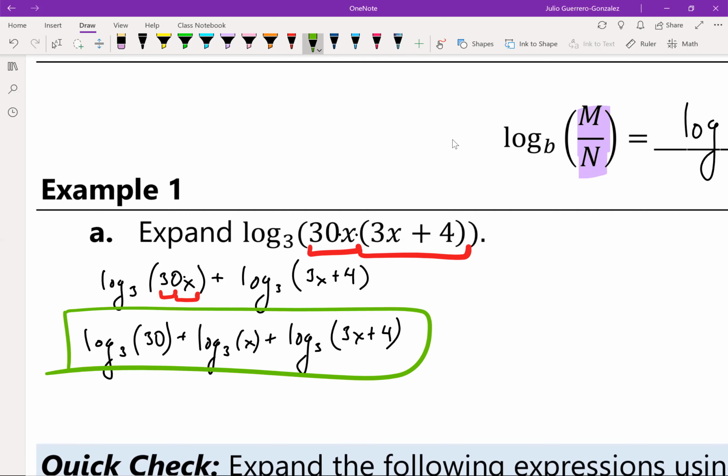You guys see how that worked out? So there's no way you could expand the 3x plus 4. Do we have a rule for it? No. Is there a rule to separate this out? So why'd you get that log 3x parentheses x? Oh, is it because it's from the 30? Yep. So you wouldn't separate the 3x since you separated the 30x?